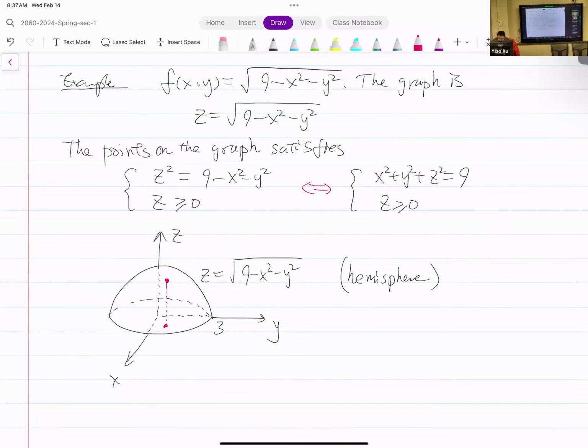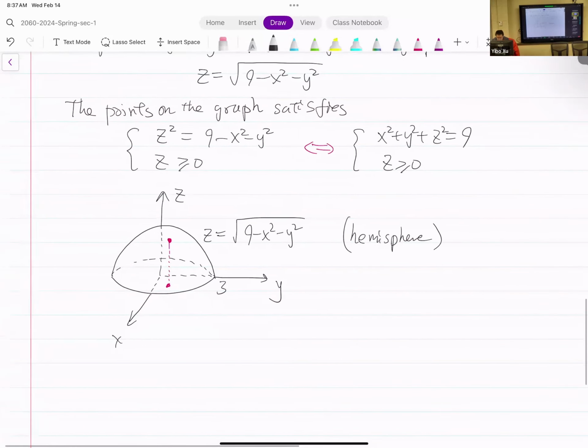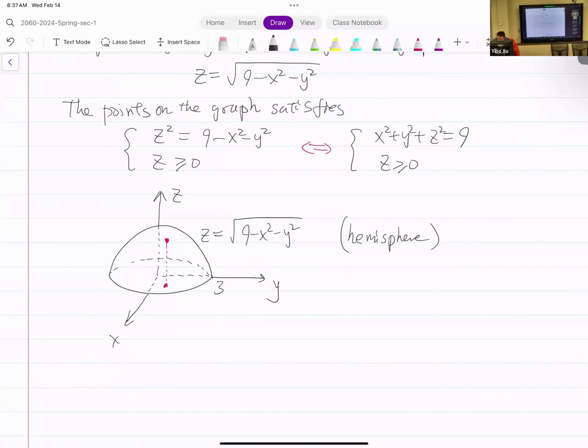So this top point is exactly that point on the graph. So let me put it here. This is the input, in a sense, and that's the output. Right? If we think about the z coordinate, that's the output.